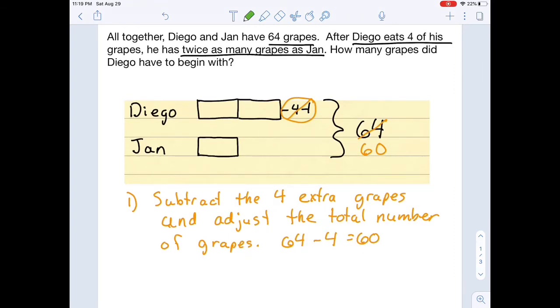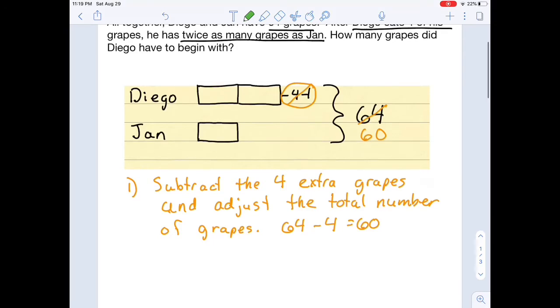Okay, now that I have 3 equal sized parts represent 60 grapes, I can figure out the value of 1 part.